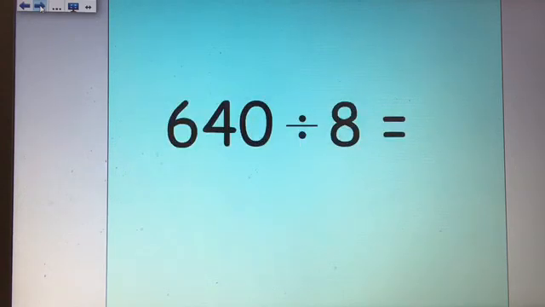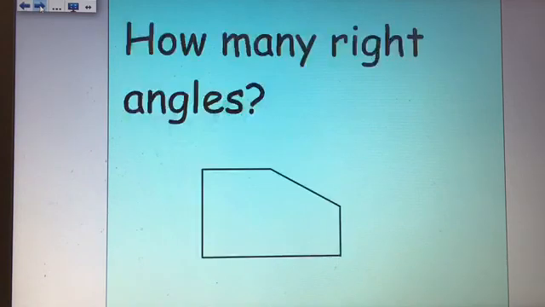640 divided by 8. 80. We know 64 divided by 8 is 8, so 640 divided by 8 has got to be 80.